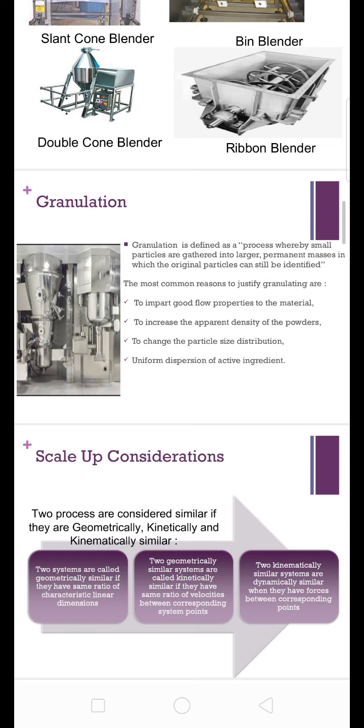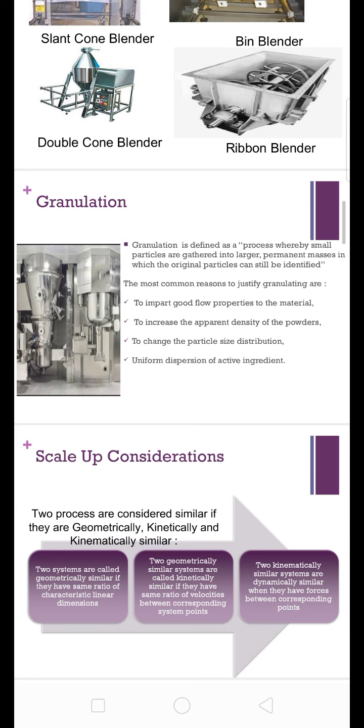The most common reasons to justify granulating are to impart good flow property to the material. Because of converting our powder into granules, the flow property can be improved. To increase the apparent density of the powder: if the material is very fluffy and you convert it into granules, then its density increases.